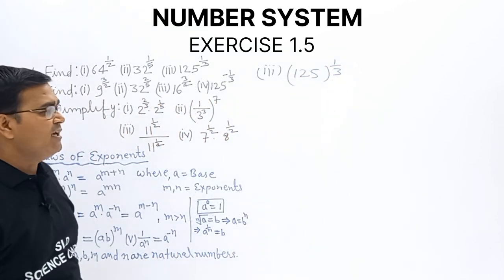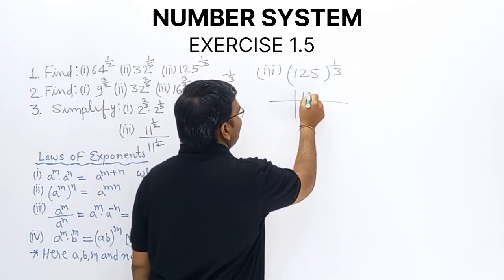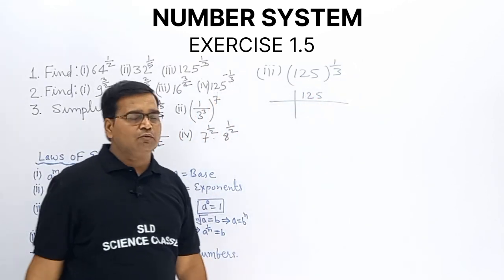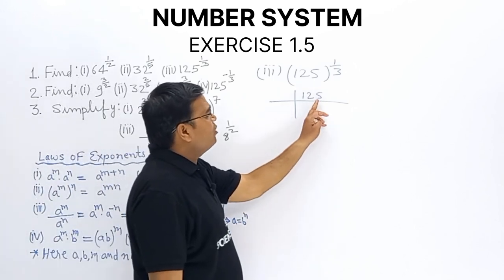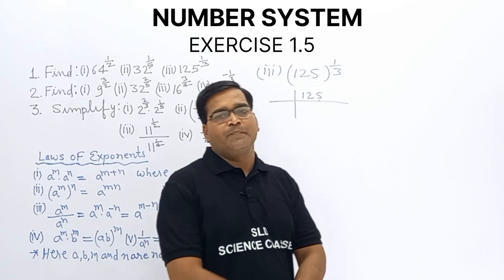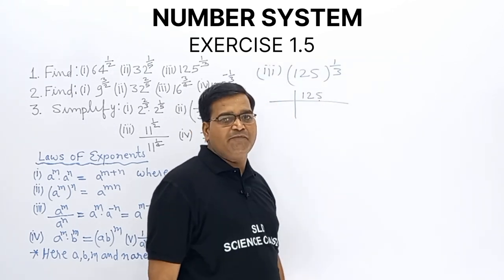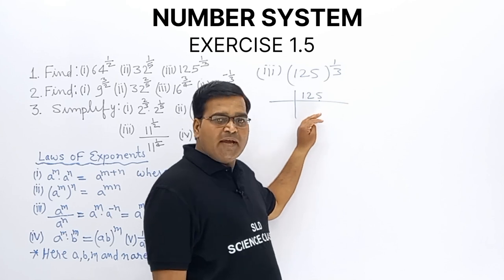The same process will be there. Do prime factorization of 125. Now how to do prime factorization? On the unit place we are having 5. Is it divisible by 2? No, 5 is not divisible by 2. Is it divisible by 3?